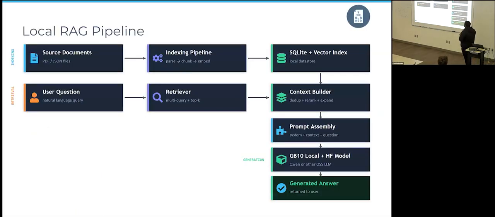So the pipeline is basically the same pipeline Chris has talked about, but you'll notice that at the level of the generation, that's where we input the architecture for the local setup. Chris talked about OpenRouter as the LLM provider for the original WattBot system.